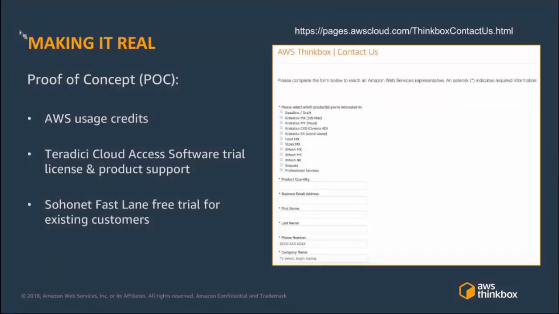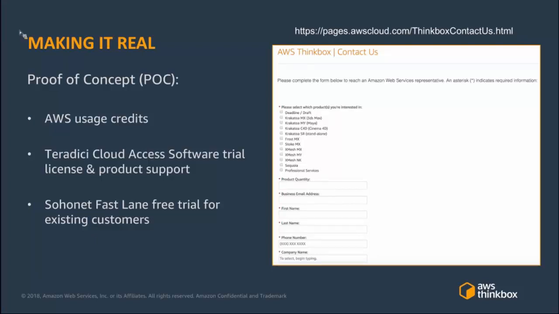So just to finish up, to actually test this, if anyone is interested in perhaps doing an actual proof of concept, a POC project with us and would like to talk further, a great way to get hold of the entire Thinkbox team these days is through our contact page. The URL is just up there, but essentially you can just do an internet search for Thinkbox Software, and we have a contact us page.